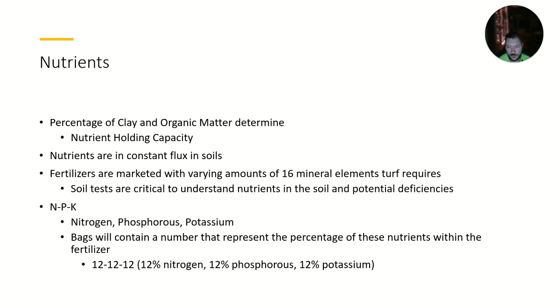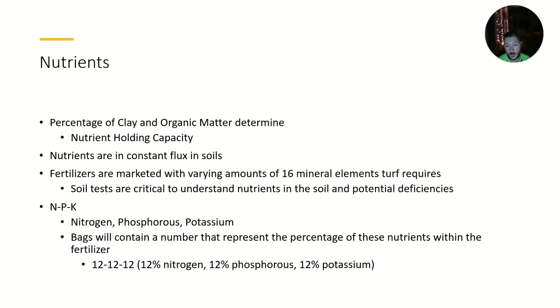The basics of nutrients are nitrogen, phosphorus, potassium. That's what you're going to see on most fertilizers. They have an NPK ratio, and those are the three numbers that are displayed. And then it'll generally tell you what the micronutrients are somewhere on the bag, on the label.